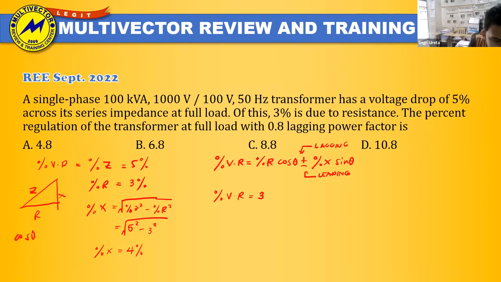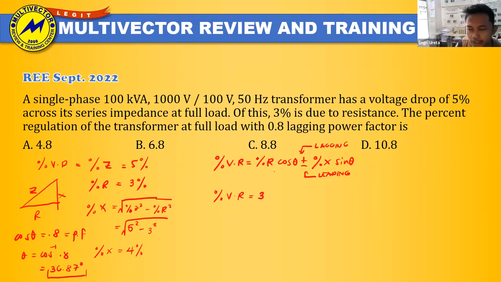Cosine theta is equals to 0.8, yun yung power factor natin. Therefore, theta is just our cosine inverse ng 0.8, which is just equals to 36.87 degree. So yun yung gagamitin nating angle.